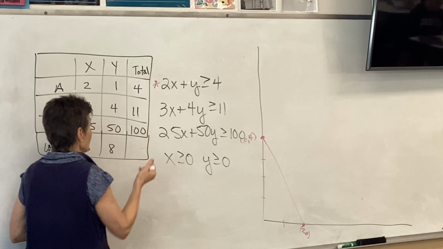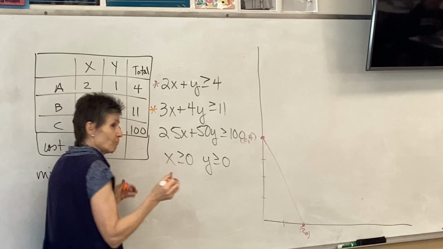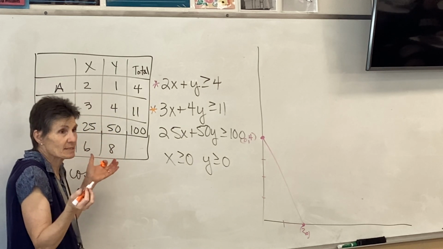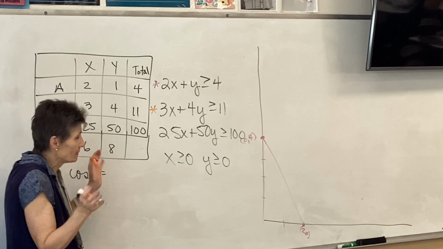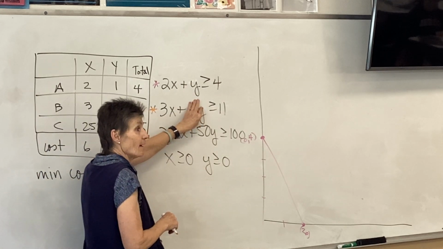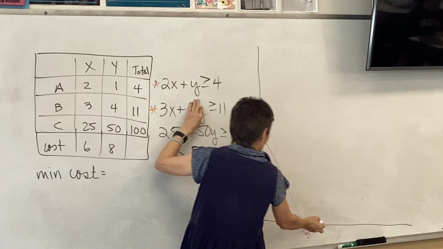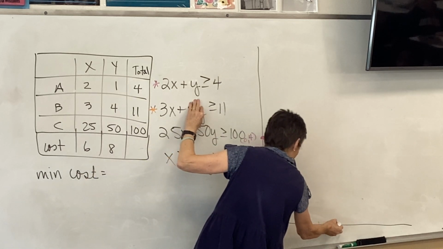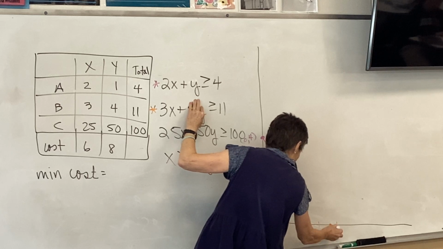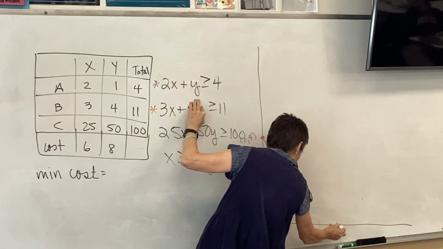Now, here's my orange one. Don't freak out. We're going to have some decimals, and that's okay. So if I cover up Y, X is 11 thirds, which is 3 and 2/3, so like 3.7.